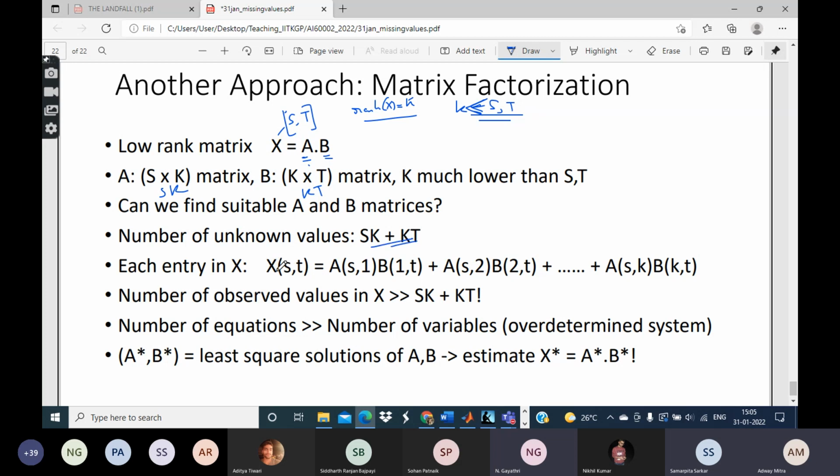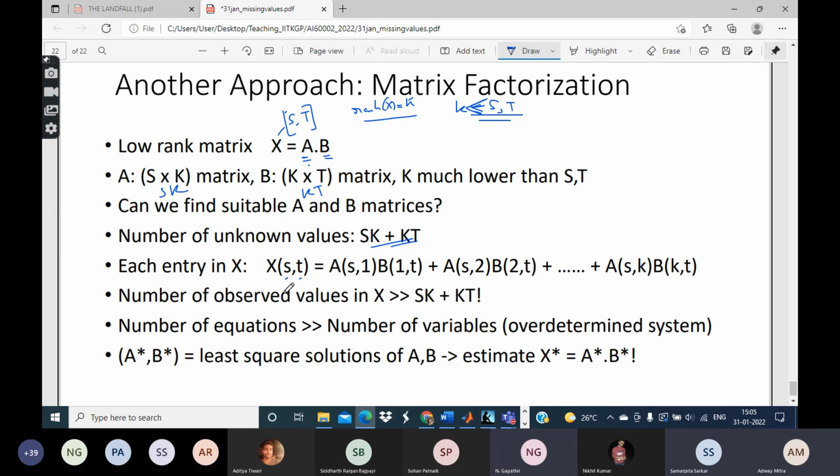But you do know the value of the entries of X. If you consider the entry S comma T, it can be written as a product and then a sum of these unknown values.